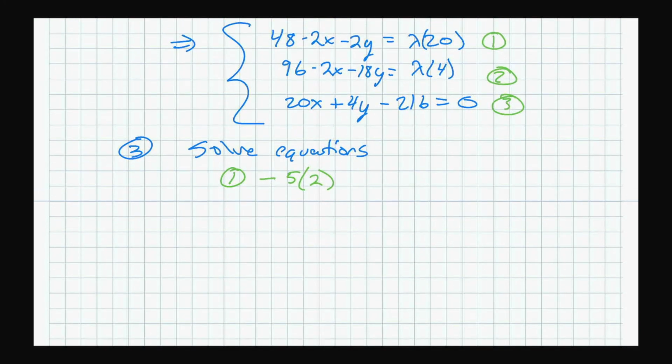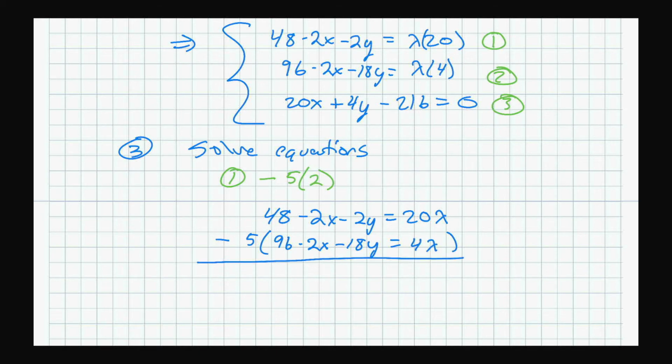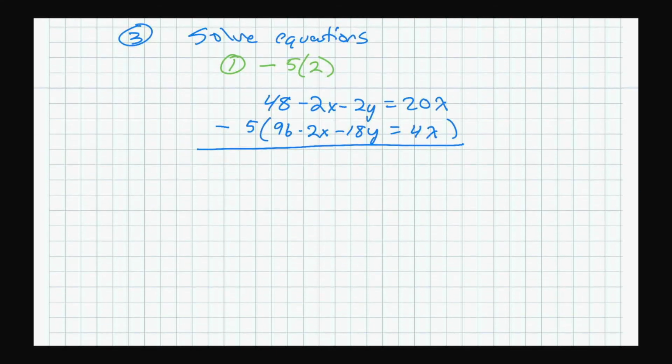I'll have equation 1, which is 48 minus 2x minus 2y equals 20 lambda. And then I'm going to subtract 5 times 96 minus 2x minus 18y equals 4 lambda. So you can see why I'm multiplying by 5, right? Because I want the lambdas to cancel. So I'm going to get 48 minus 5 times 96, which is negative 432.